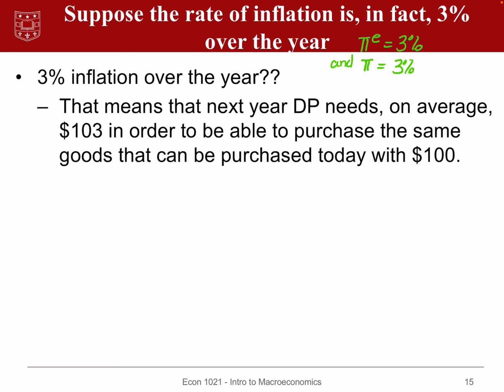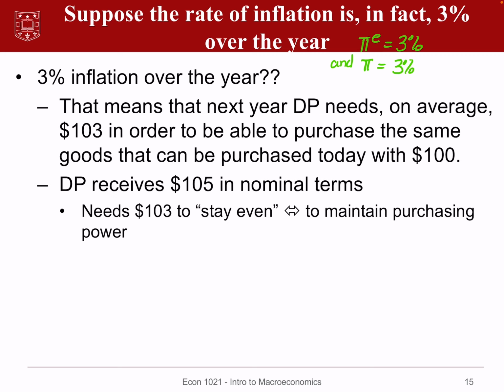It means that I need, on average, $103 in order to be able to purchase the same amount of goods and services that I could have purchased today with 100. Again, what is 3% inflation? That is an increase in the overall level of prices in the economy. So overall, prices rising by 3% means I need $3 more, or $103.